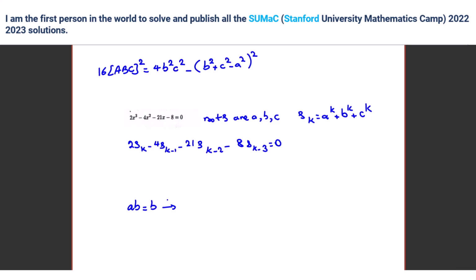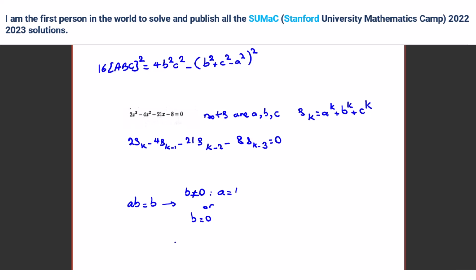You can divide both sides by b. Under what condition can you divide by b? b is not 0. So if b is not 0, then a is 1. Or b is 0, or both of them. Logical or means the first one, the second one, or both of them, right? Yeah. Okay.